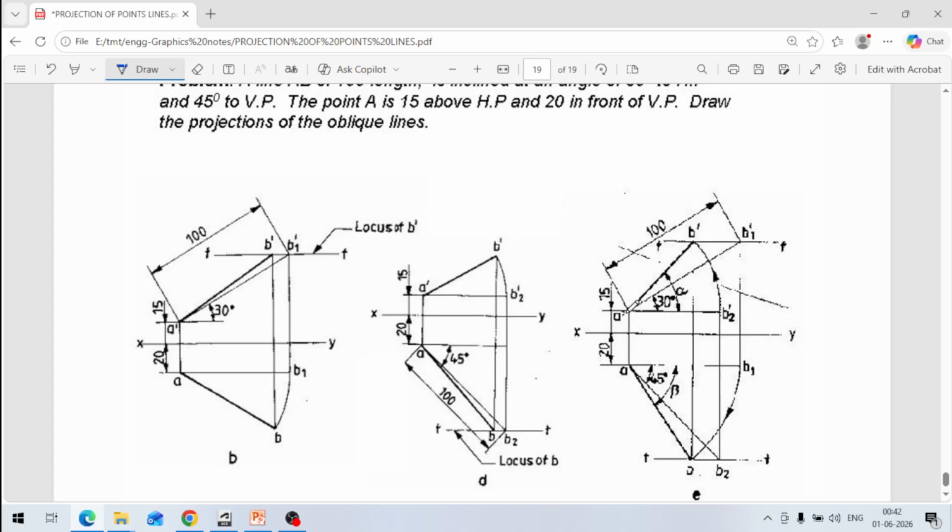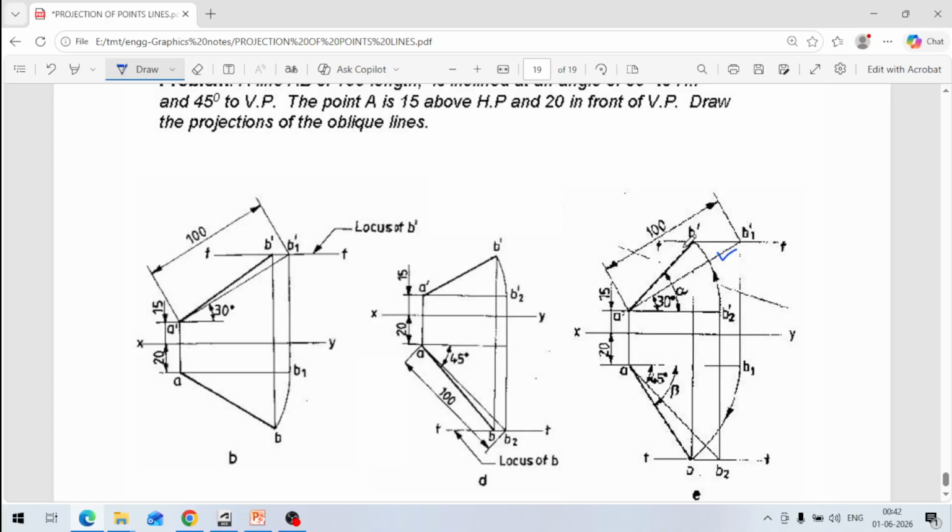At this angle, I draw a line like this here. This is the line, and this is the 100 mm distance I have taken. And from this point, I draw a horizontal line like this. This is the horizontal line.